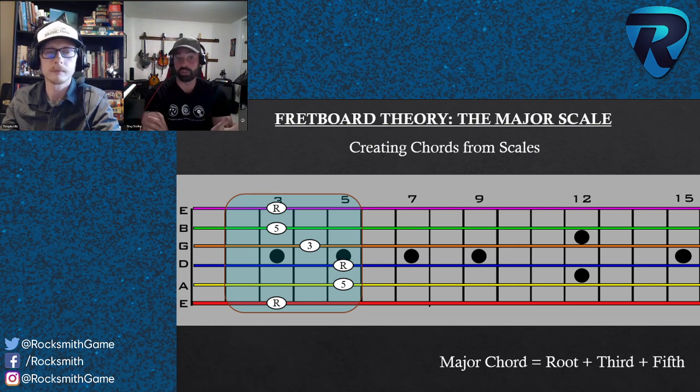So you could have a major chord where the fifth is the lowest note, and that would be considered an inversion of the major chord. You could also potentially have the third on the bottom. But even if the third is the lowest note and you have still a root, third, and fifth scattered throughout the chord, it's still considered to be major, but it is now considered to be an inversion because the root is not at the bottom.